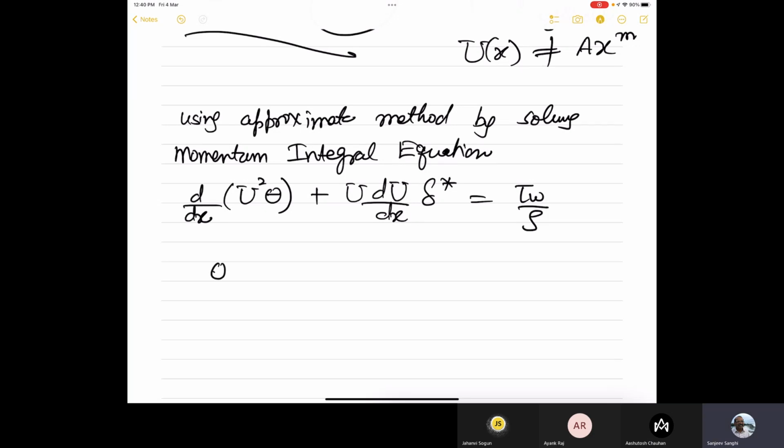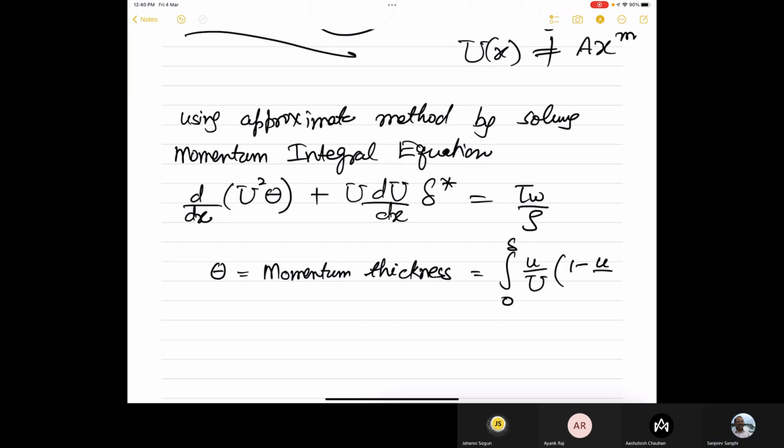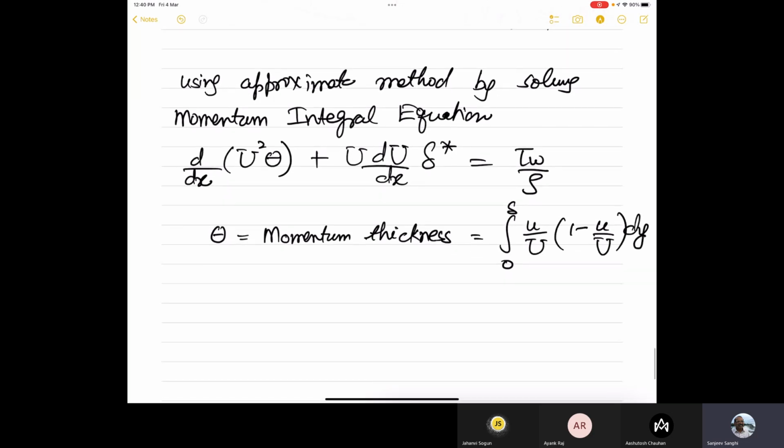Now, in the above equation, theta is what we have called the momentum thickness, and this was integral from 0 to delta of small u upon capital U into 1 minus small u upon capital U dy.